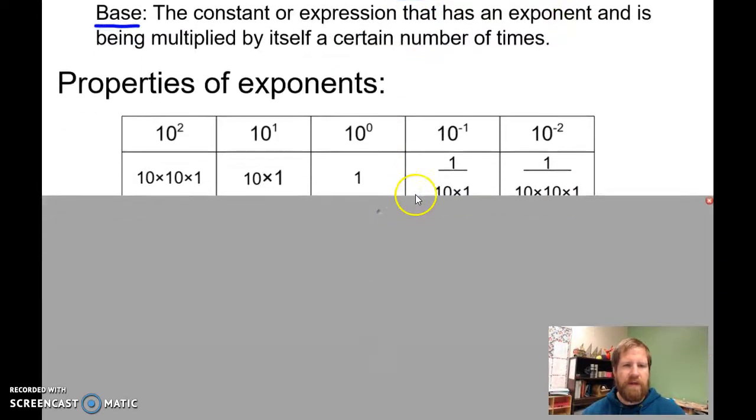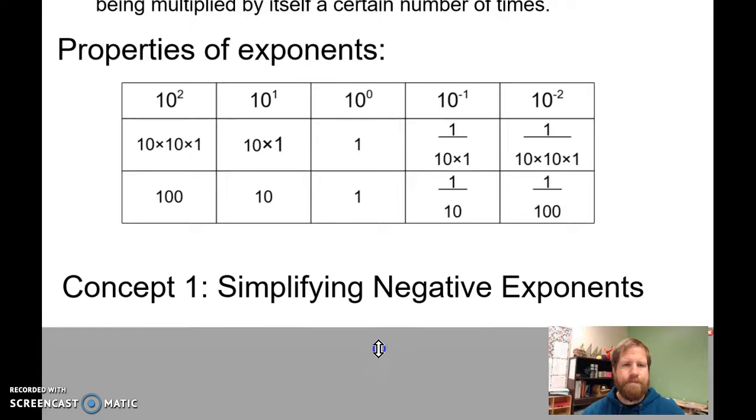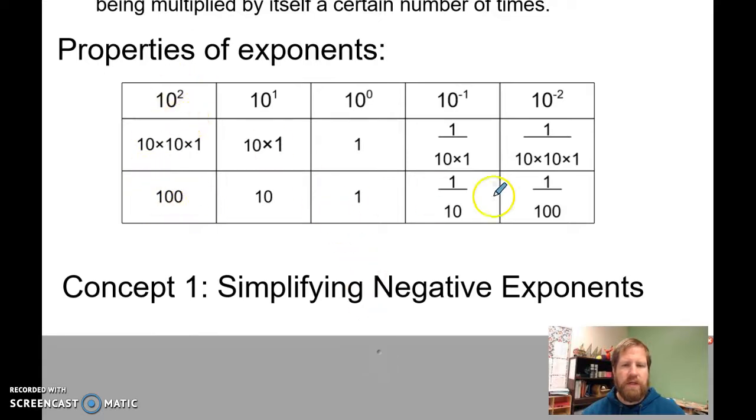Okay, properties of exponents. You can look at the table right here that I made. Any base, and right here we're looking at base 10, raised to a 0 is going to be 1. Any base raised to the 0 power is 1. And for every time you increase your exponent, you're multiplying by your base one other time.